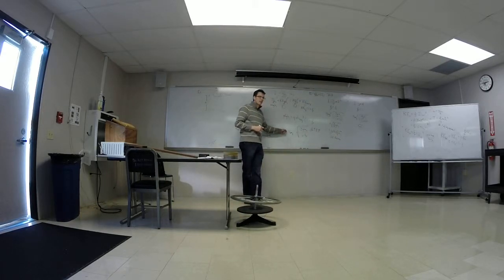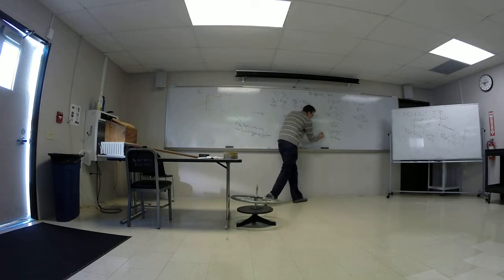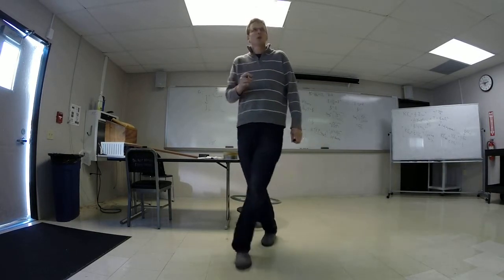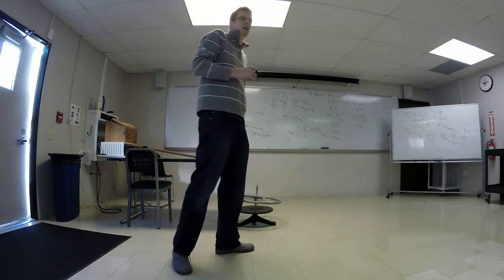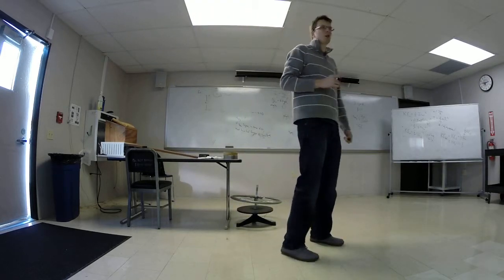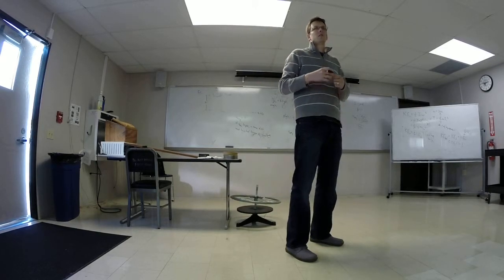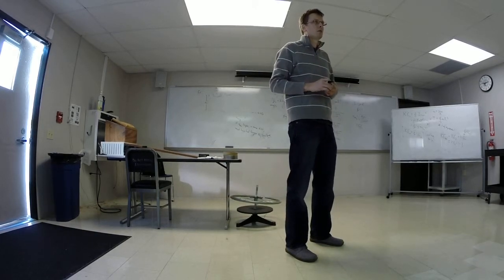Well, it's in the denominator, so that's going to make vcom slower. So notice that predicting out of our equation is that larger rotational inertia will actually hurt you in the race. The larger the rotational inertia is, the slower you will go.